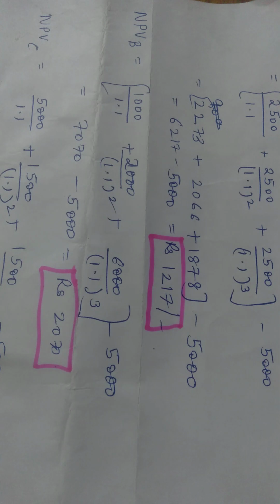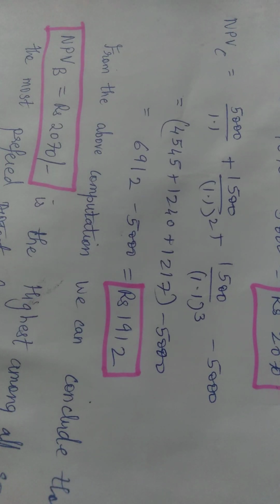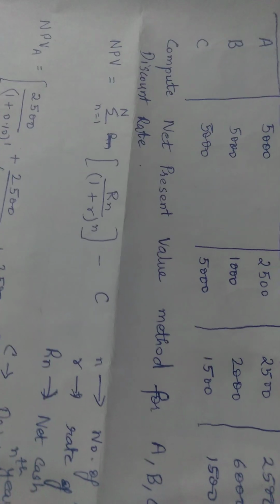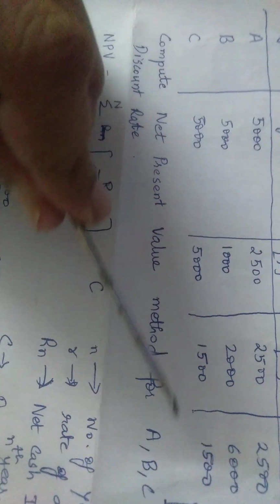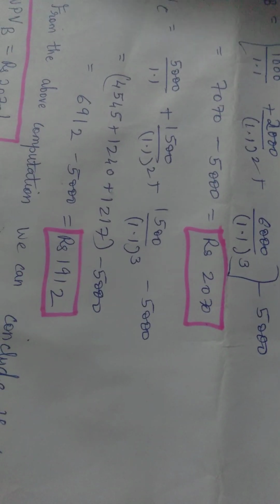Similarly, on the same lines, we will be computing the net present value for project C. If you see for project C, the net cash inflows as per the table are 5,000, 1,500 and 1,500, and 5,000 is the original investment. Now let us again come back to the example for computation.